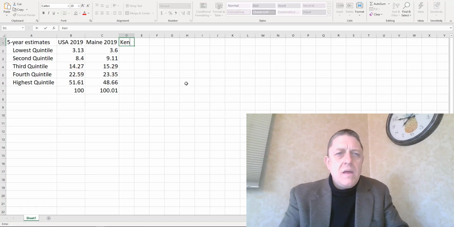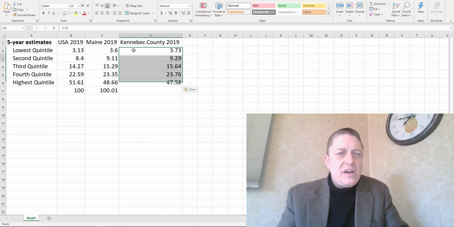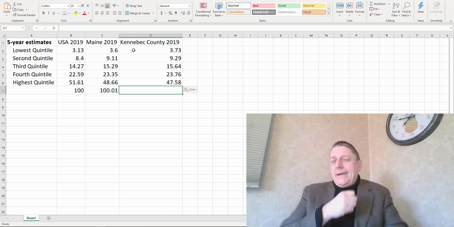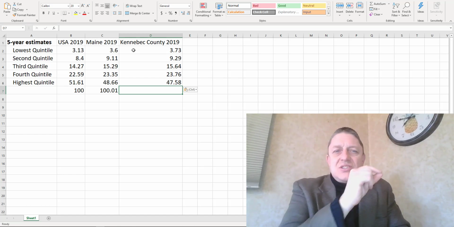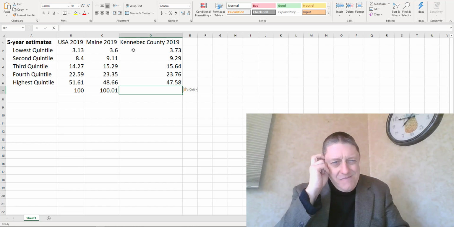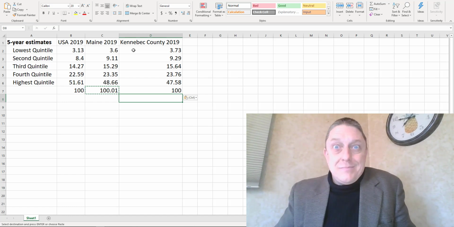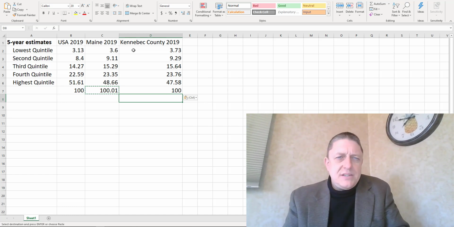Kennebec County, 2019, but I know that these are 5-year estimates, so it's going back 5 years, and I could paste them right in. So, interestingly, as you tend to go from larger areas to smaller areas here, you've got less income inequality, summing up to 100 again, so we know these are percentages.